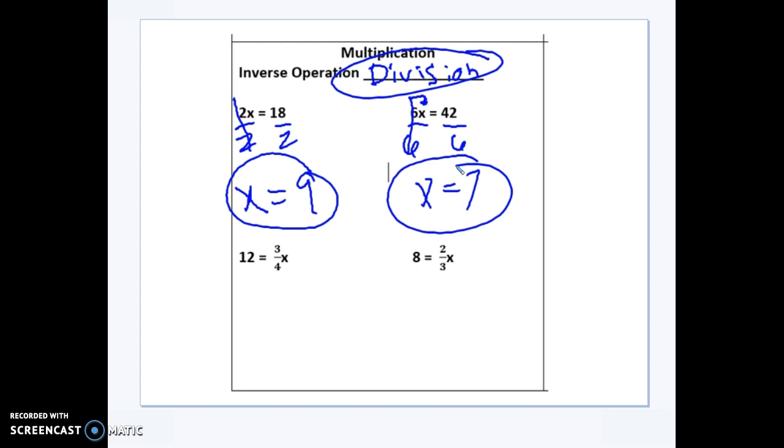This next one says 3/4 times x. So to undo 3/4 times x, we are going to divide both sides by 3/4. Well, when you have 3/4 divided by 3/4, remember, keep, change, flip.